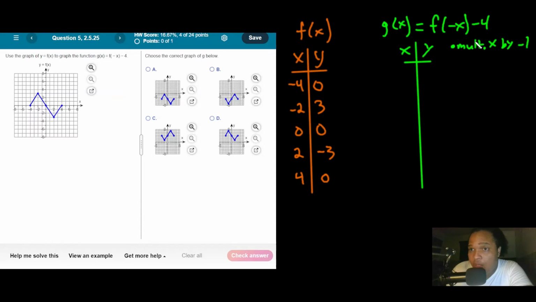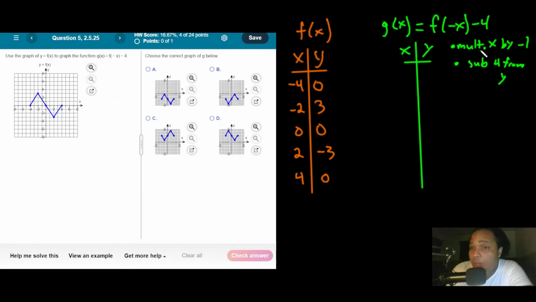And while we're at it, for the y's, we're going to subtract 4, right? Whatever happens outside, we take it as it is. No funny business. So we're going to subtract 4 from y's.